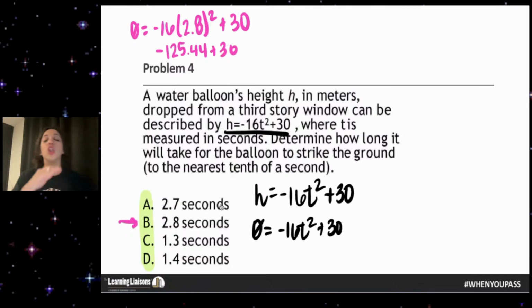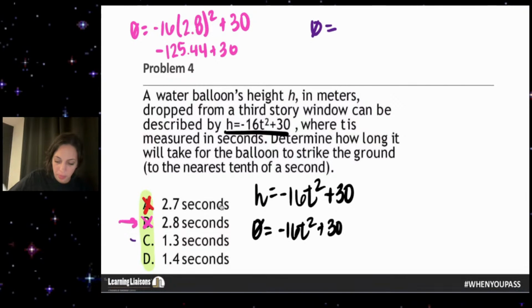Is that even close to 0? No. So I know it's not 2.8, which tells me it's 99% sure not going to be 2.7. See how I just eliminated 2 answer choices? Now I'm going to try 1.3.